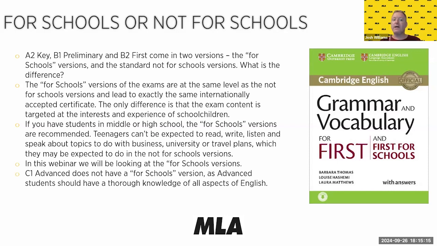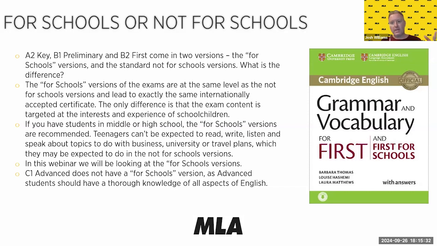In this webinar, we're going to be looking at the for schools versions. However, C1 Advanced does not have a for schools version, as we're talking about C1 English here, so advanced English level. And really we can't limit it to school students.